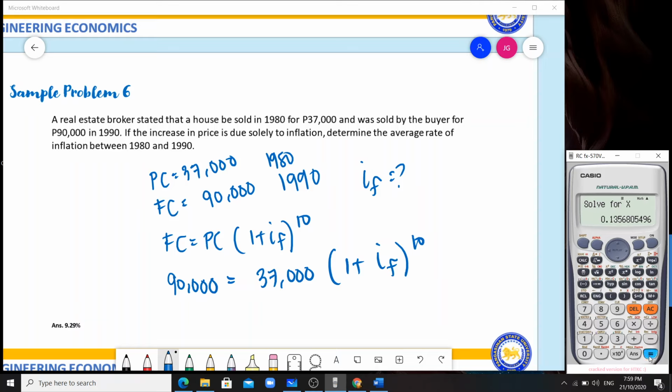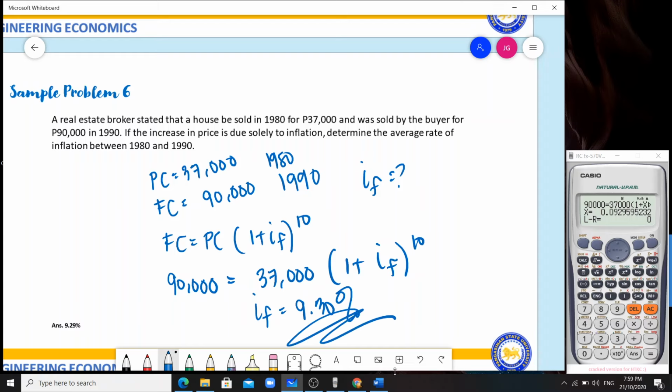Shift solve. 9.29%. Okay? So, the inflation rate is 9.29 or 9.30%. Ayan. So, that is the inflation rate.